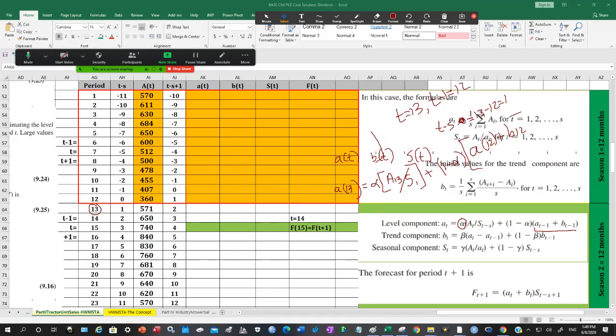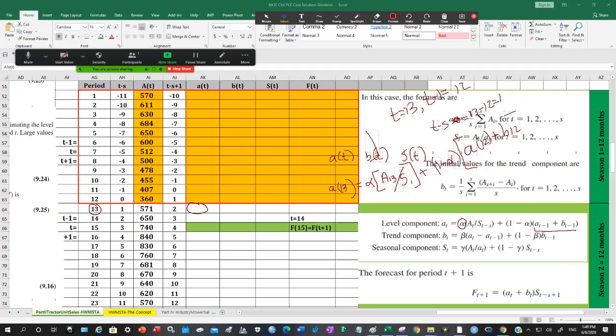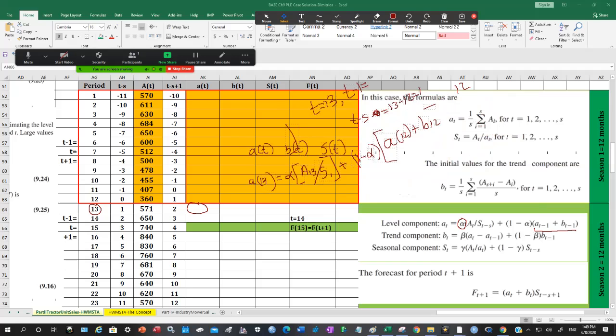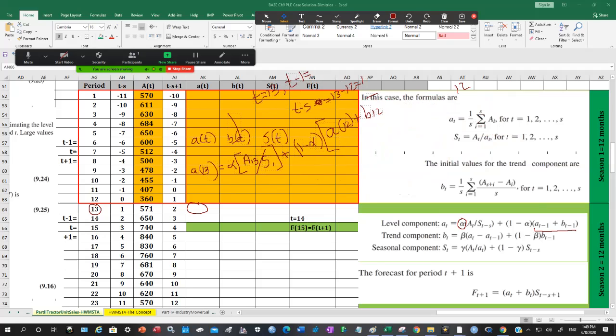I want to find, remember, I wanted to find this, okay? So I have the formula here. I have everything that I need to find it. I'm missing some pieces here.